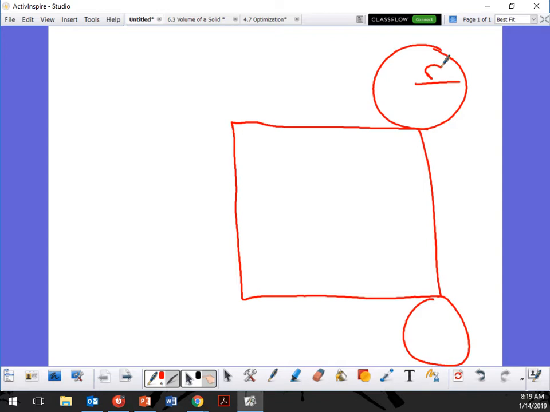So we have the radius here, 2 pi r, and this is my h. Are we okay now?